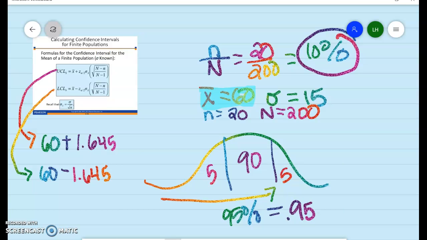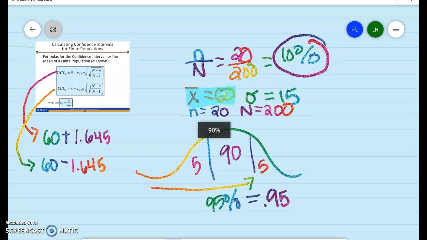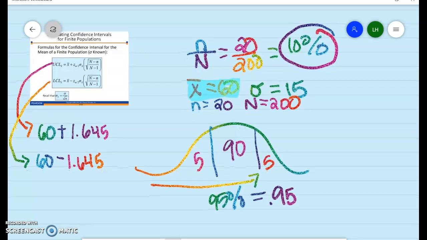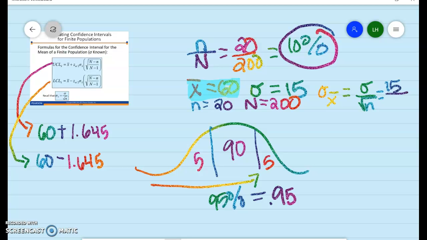And now we need to do the standard error of the mean, which is the standard deviation divided by the square root of n. So here the standard deviation is 15, population standard deviation, divided by the square root of n.